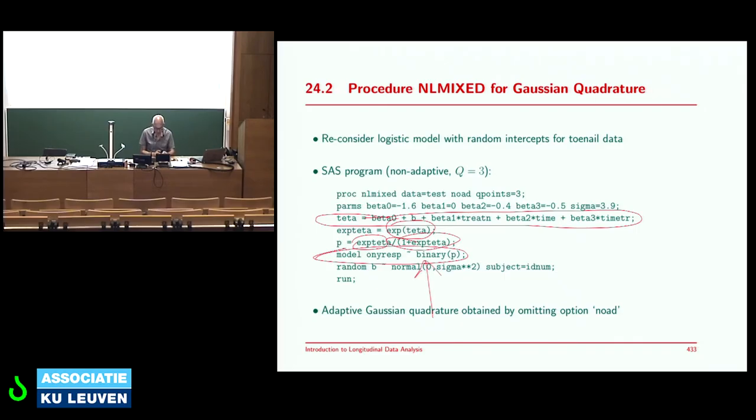And then one of the parameters is declared a random effect here, and we do that by giving it a normal distribution with mean 0 and standard deviation sigma, variance sigma square. Subject is ID number, shouldn't be forgotten. But then we say, hey, wait a minute, sometimes we have seen it prior to a slash in certain procedures, then we saw it after a slash in other procedures, and here there is not even a slash.